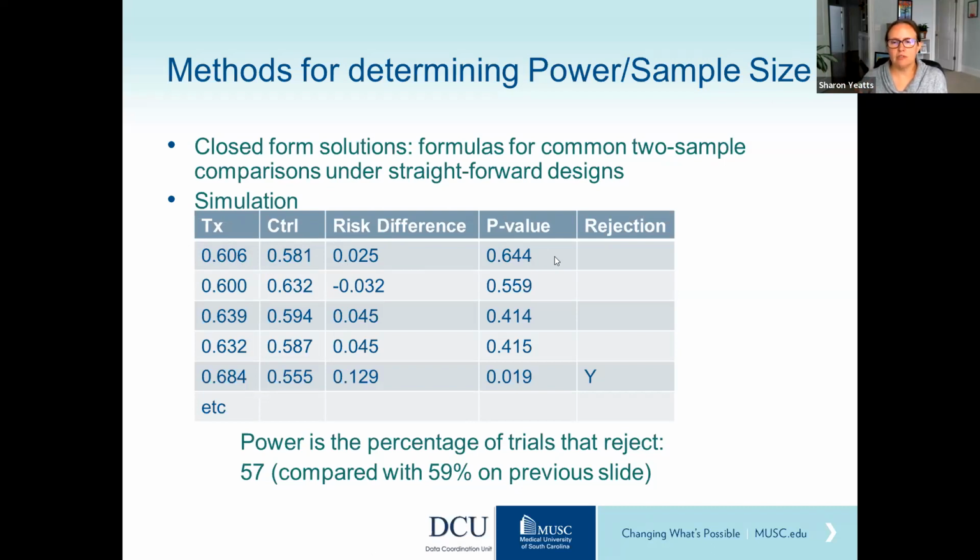And the power of the design then is the percentage of trials that reject. So in this simulation, I'm only showing you a couple of hypothetical trials here, but when we let this simulation run its course, what I get is a power of 57%, which is compared with the 59% on the previous slide from the closed form solution.